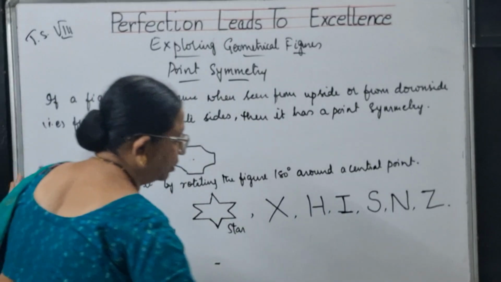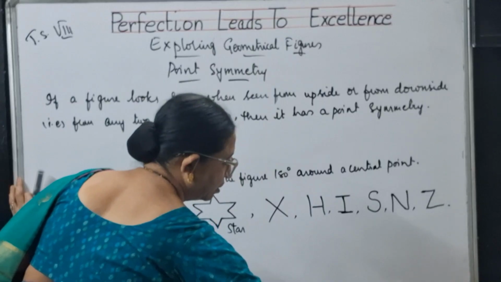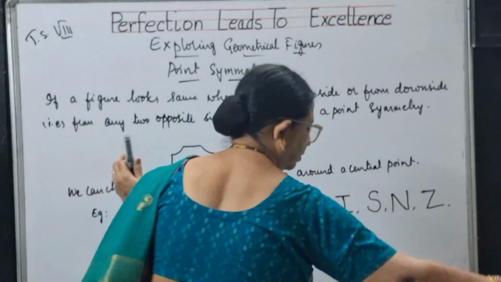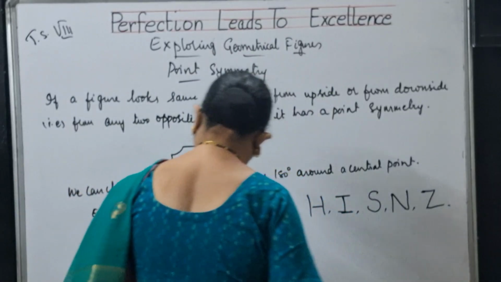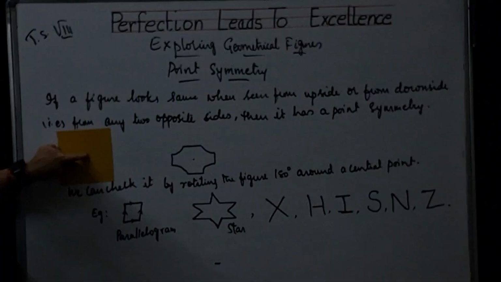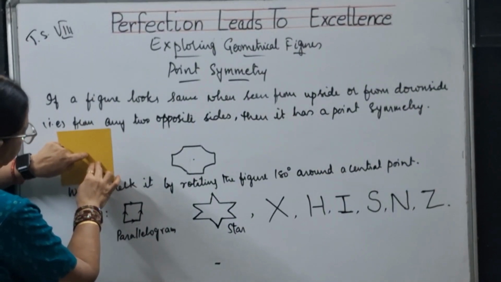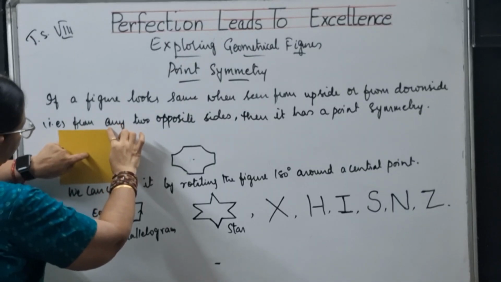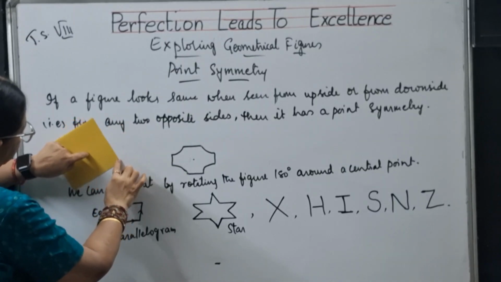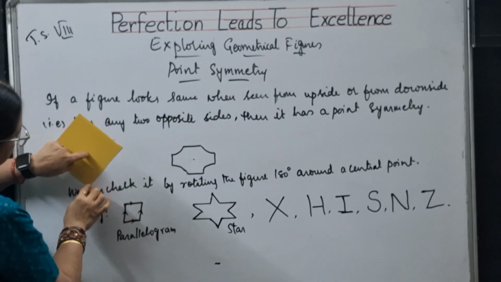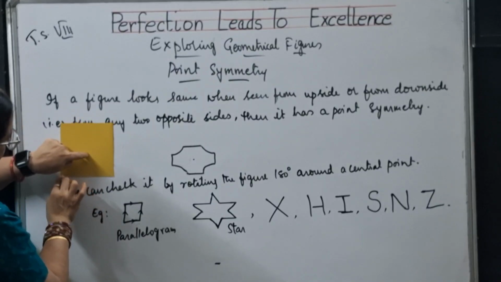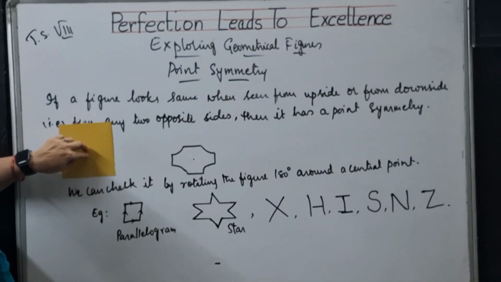For example, children, if I take this figure, this is the center position, and if I rotate it 180 degrees like this, even then you are getting the same shape.